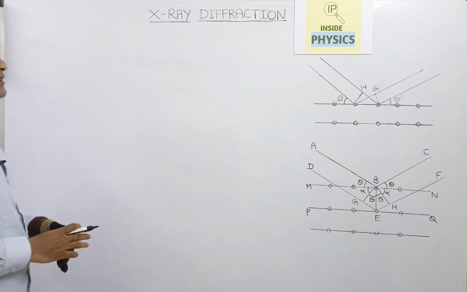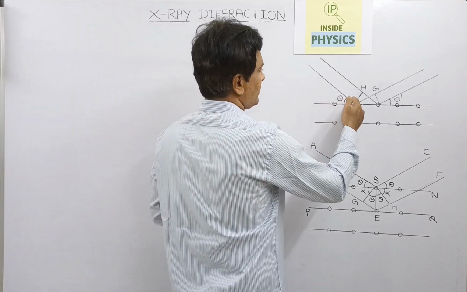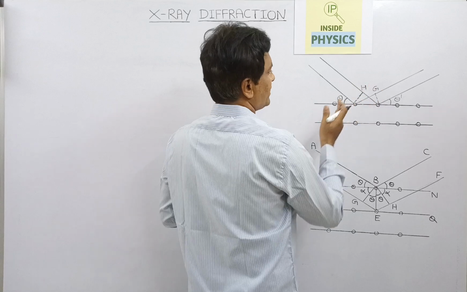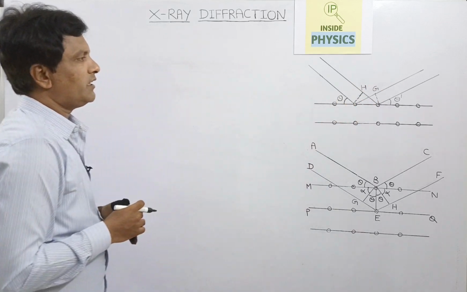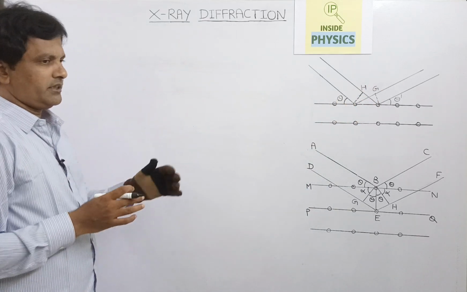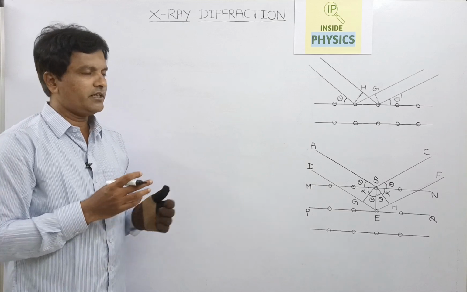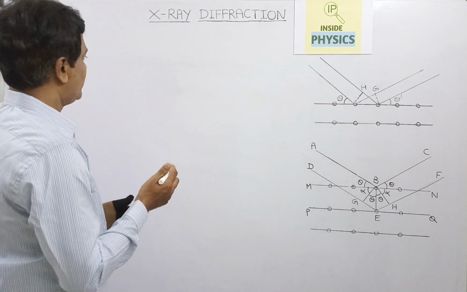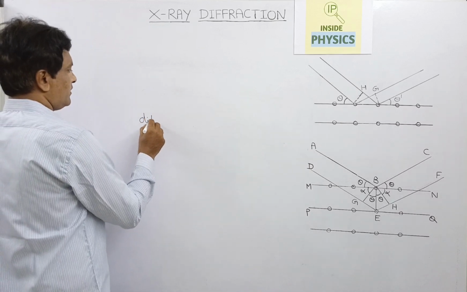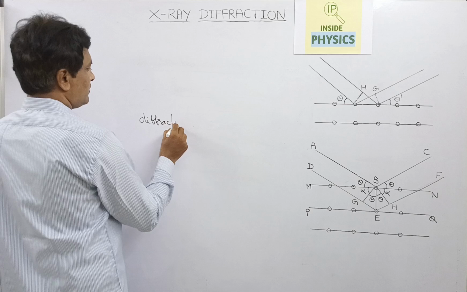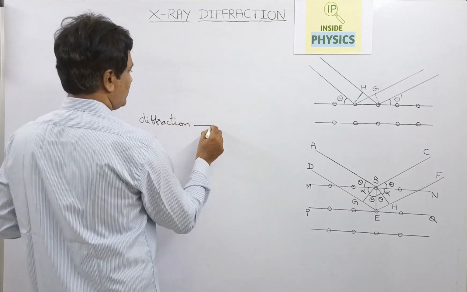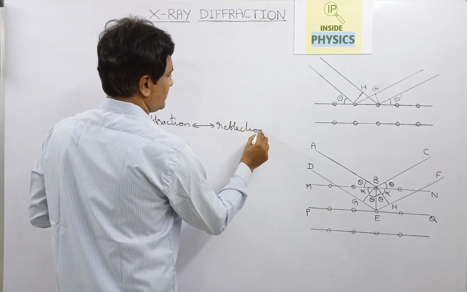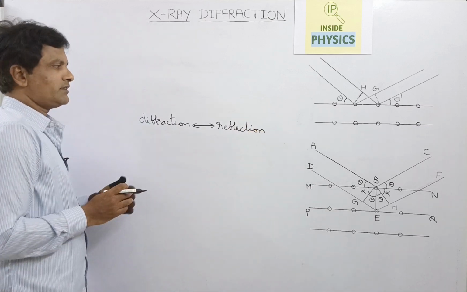When it is incident and reflected back into the same medium, even though it is a diffraction pattern, we can also consider it a reflection. So in Bragg's treatment, we can treat the terms diffraction and reflection as interchangeable.